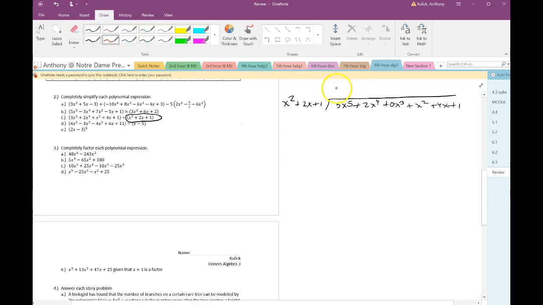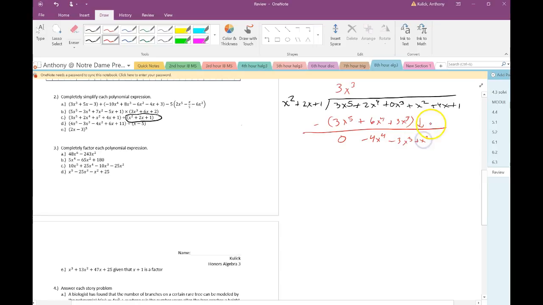And I'm going to ask myself, what times x squared gives me 3x to the 5th? Well, that's 3x cubed. And I multiply that to each piece of my divisor. And then I subtract down. Gives me 0, gives me negative 4x to the 4th, and negative 3x cubed.